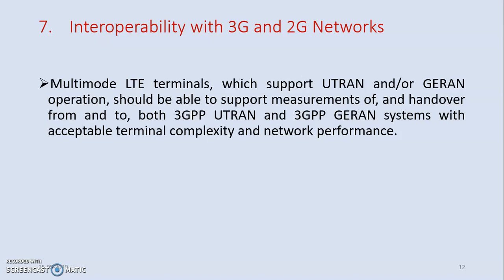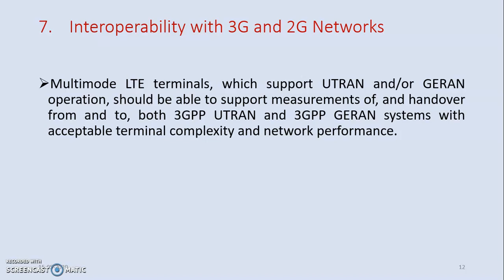Multi-mode LTE terminals which support UTRAN or GRAN operation should be able to support measurements and handover from and to both 3GPP UTRAN and 3GPP GRAN systems. That is the previous versions of the network, with acceptable terminal complexity and network performance.